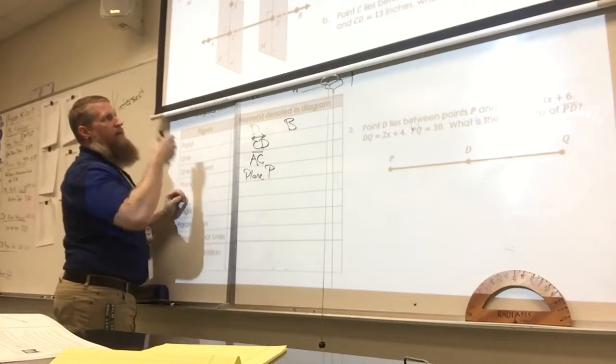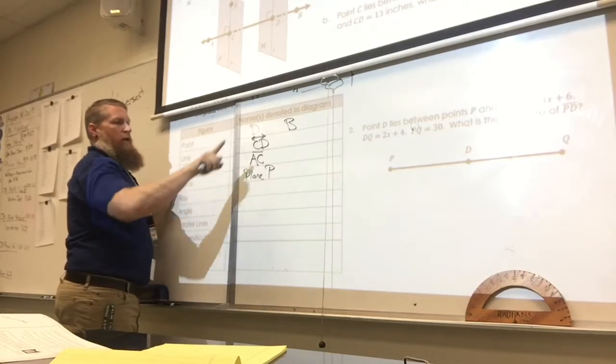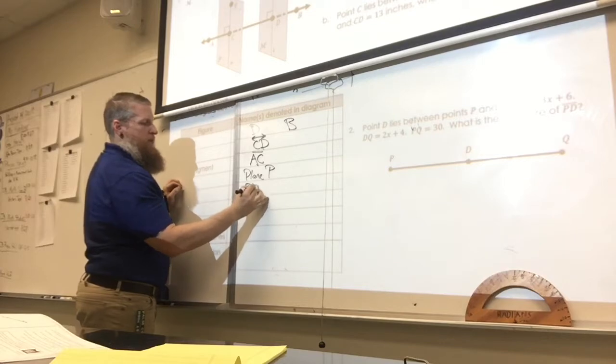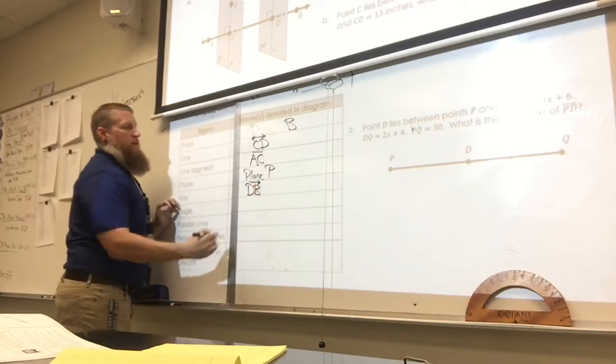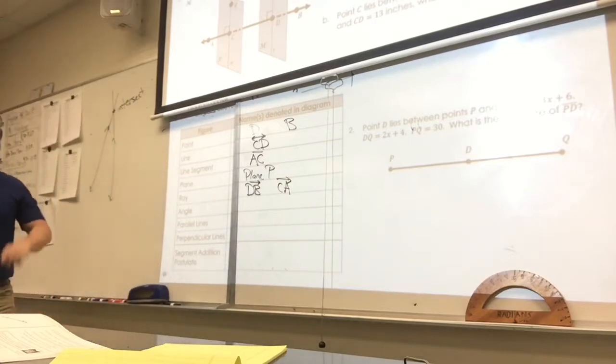For a ray, again, as long as you start with an initial point and go in the direction of an arrow, like if I wanted to do DB, that'd be a good one. I could do CA, it's another ray. Keep in mind that you don't flip it. Don't do CA with the arrow going the other way. Okay?